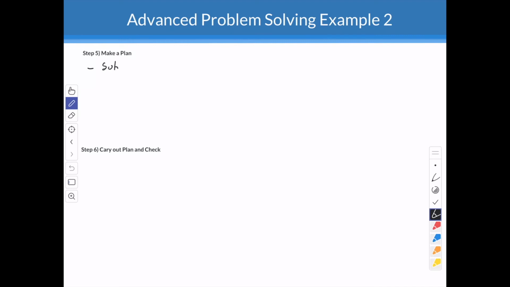Subtract. Can't spell subtract. Subtract 66.0% from 100%. And let's carry it out.